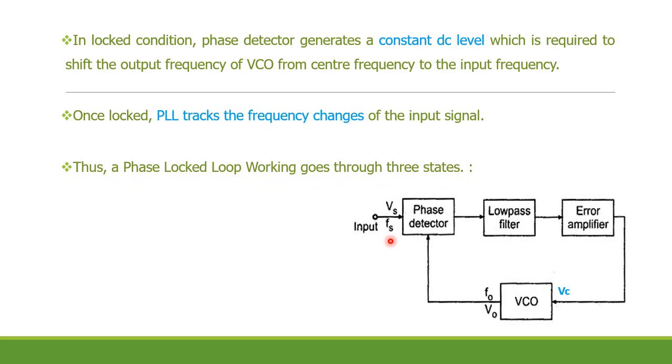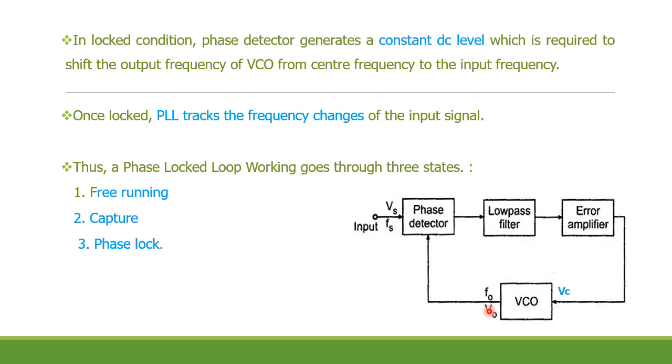Thus the PLL works in three different states. The first state is the free running state, where the output frequency is always equal to F naught. We don't have any control voltage in that case. The second state is the capture state. In the capture state, we have a control voltage such that the difference between Fs and F naught is trying to become 0. The third state is the locked state.